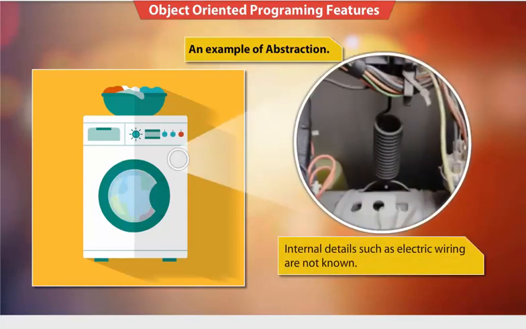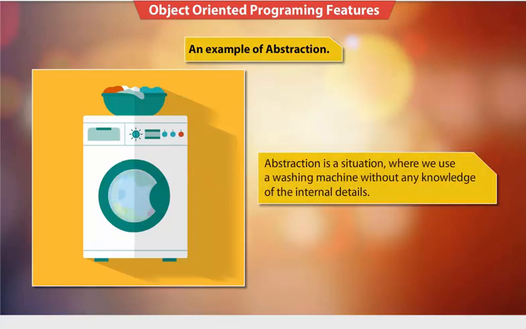It is not essential for the user to know about the internal details like the electric wiring and other internal parts. Similarly, if we relate the concept of abstraction for this example, we understand that abstraction is a situation where the user can operate the washing machine externally without having the knowledge of its internal details.